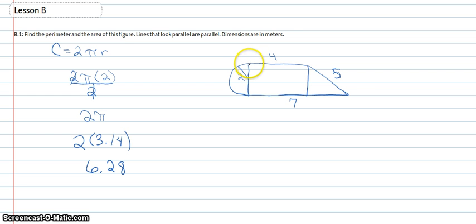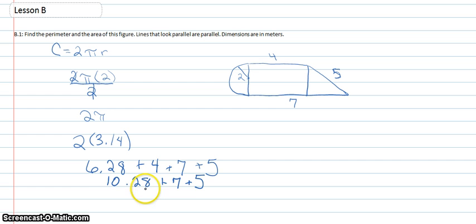Then we'll just add the other lengths to this amount. So we'll add 4, and we'll add a 7, and we'll add a 5. Okay, so when we add the 6.28 plus 4, we'll have 10.28 plus 7 plus 5. Those will stay the same at this point because again we're working left to right.